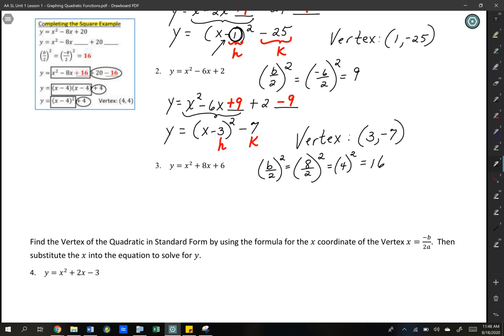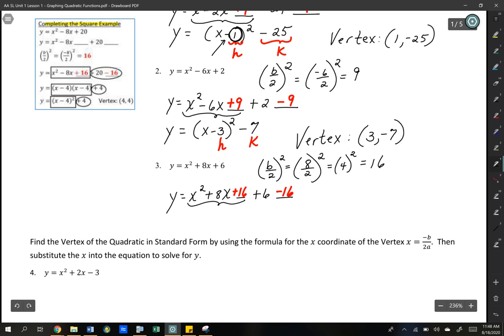All right, we're going to do y equals x squared plus 8x, leave a place, plus 6, leave another place. Our complete the square value is 16. Balance that out by doing -16.